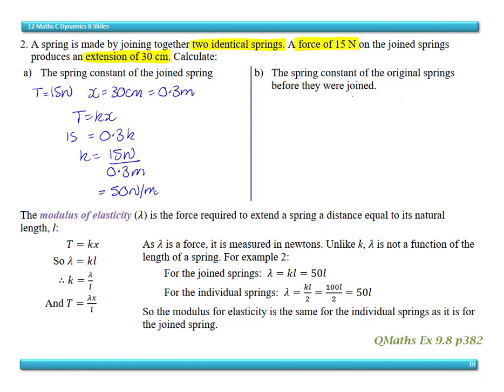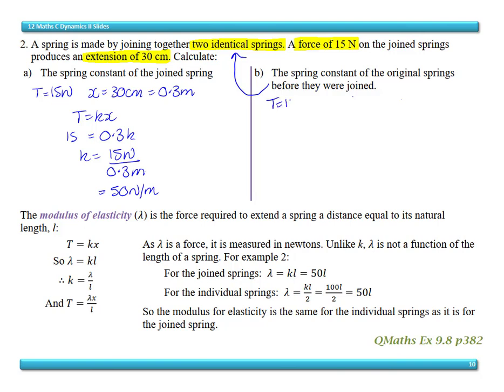Now the next one: the spring constant of the original springs before they were joined. What's important here is we have two identical springs. That means the 15 newton tension has to exist prior to joining, because tension is constant at all points along the joined spring, but each spring is only going to provide half the extension. Whereas the extension of the two together was 30 centimeters, the extension of each spring would only be 15 centimeters.